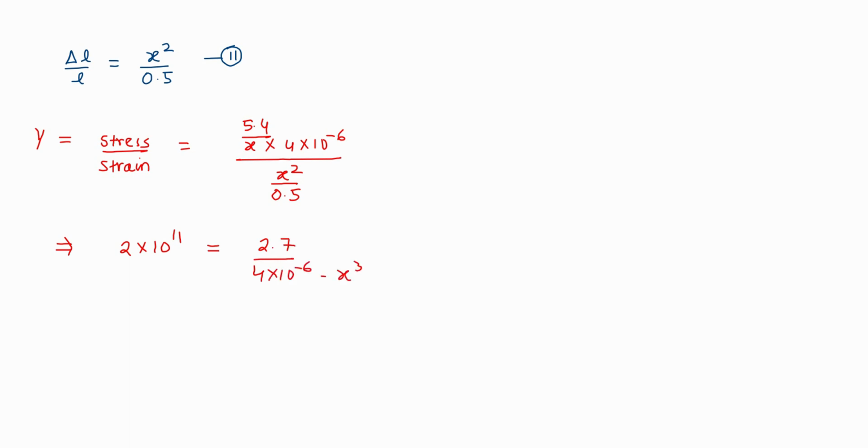So from here I can calculate x cube as 2.7 upon 8 into 10 to the power 5, and if I take the cube root, I end up getting x as 1.5 into 10 to the power minus 2 meter, which is equal to 1.5 centimeter.